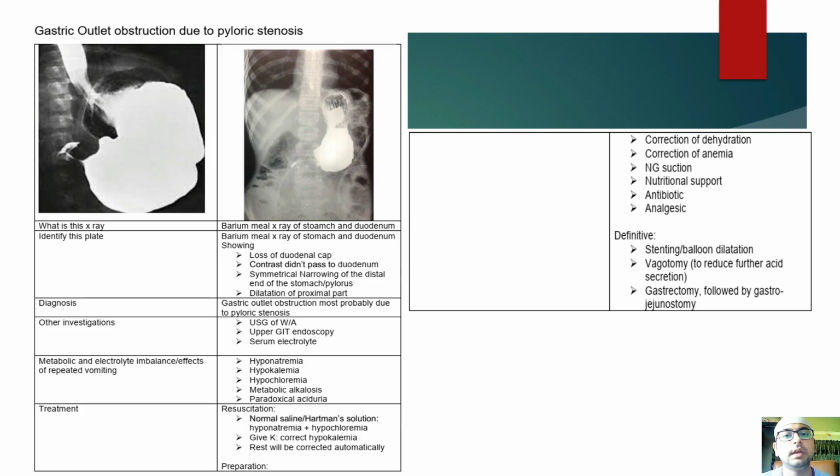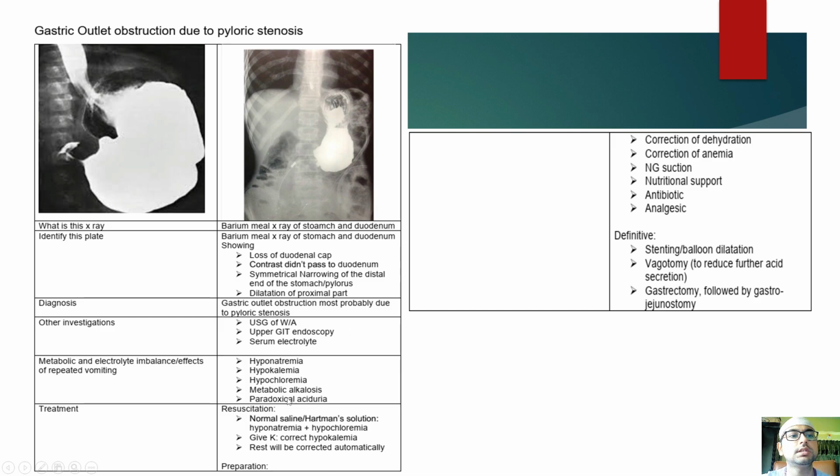And due to more bicarbonate production and chloride reabsorption, more hydrogen ions will be released through the kidney in exchange for sodium and potassium. That's why paradoxical, abnormal aciduria occurs.